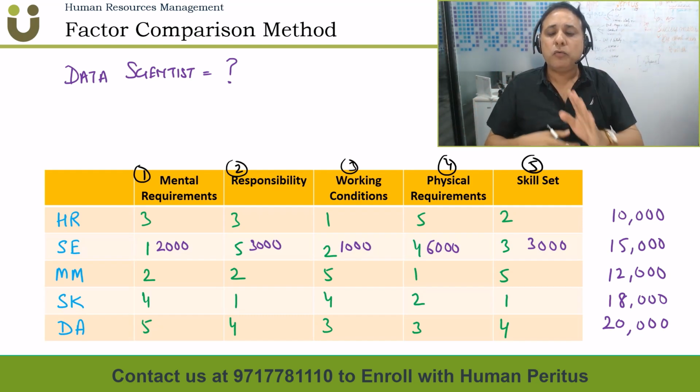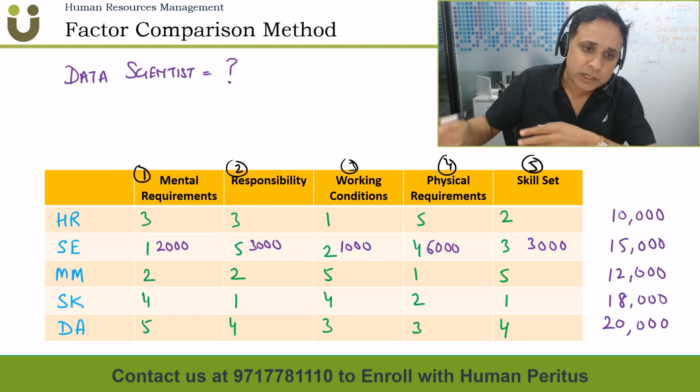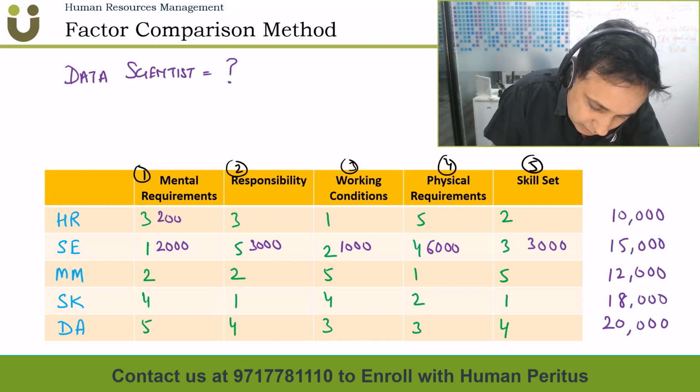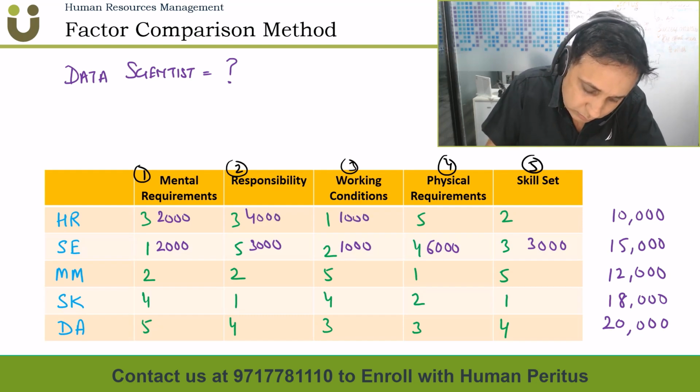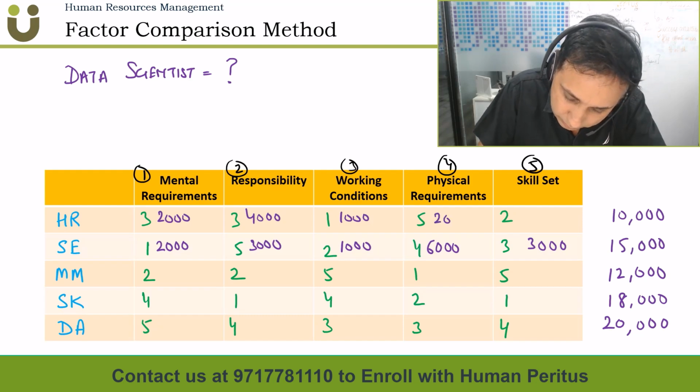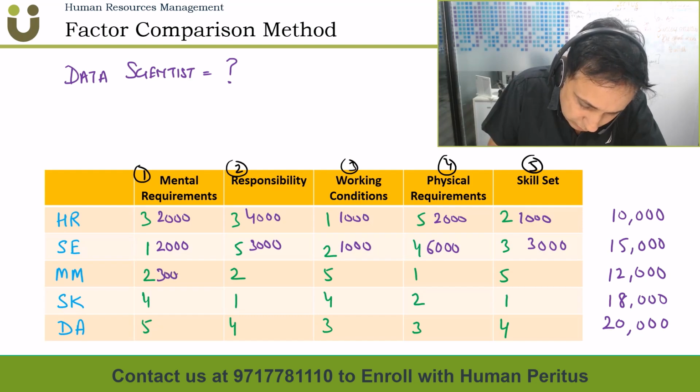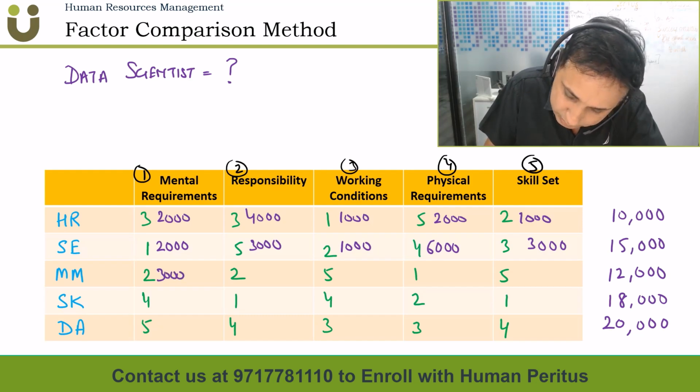Similarly, we'll do this for all of them. So for the 10,000, maybe I'll allocate 2,000 here, and this is based on our own judgment in our organization. And you have to excuse me if the sum is not adding up rightly. You can do that yourself.